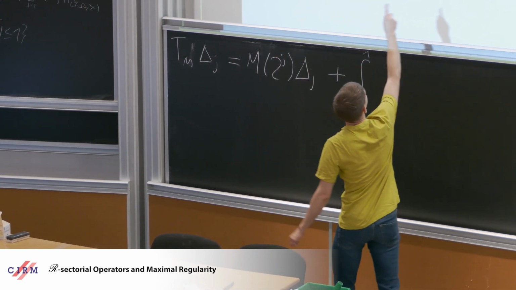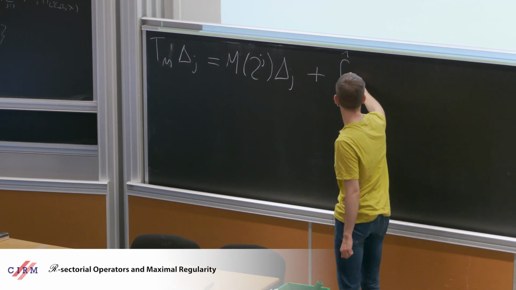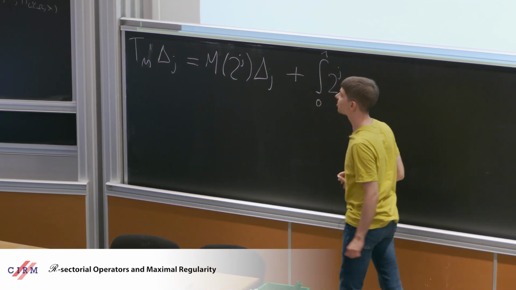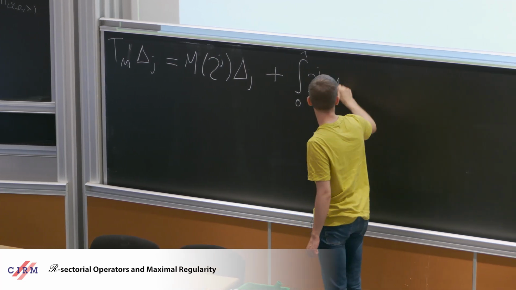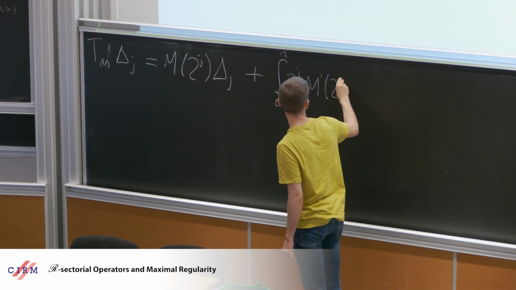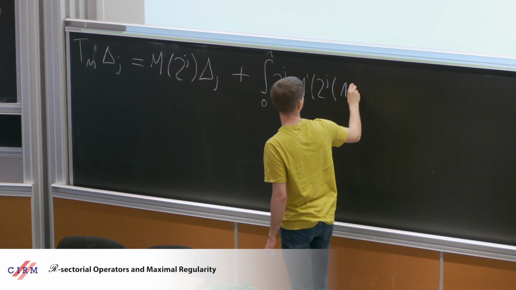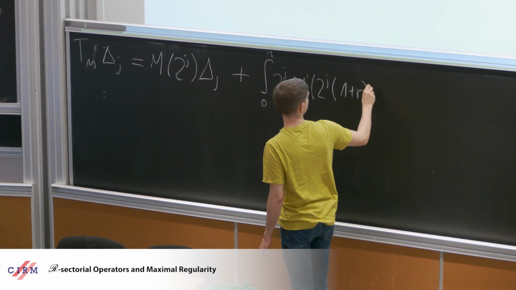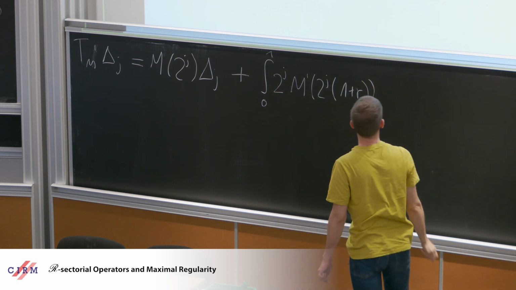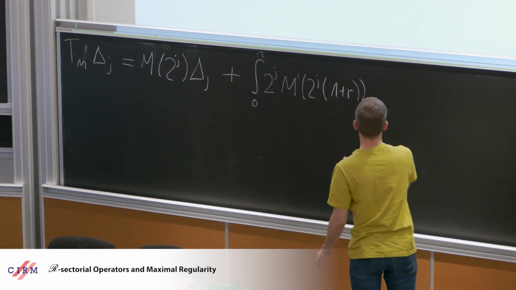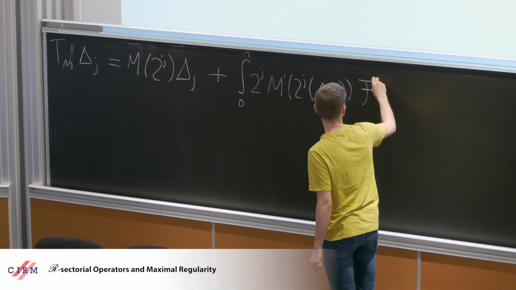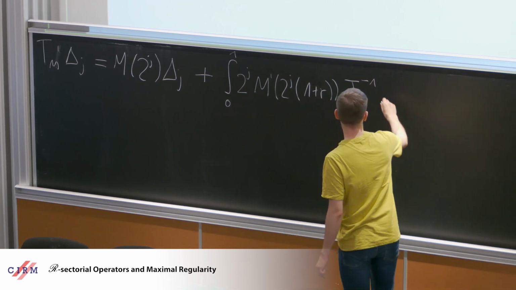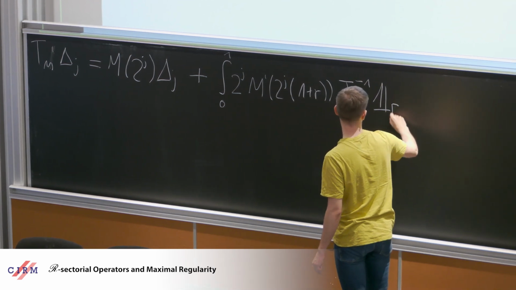And now again, these terms in front do not depend on the Fourier variables, so we just copy them. m prime of 2 to the j (1 plus r). And now this depends on rho, so here we have to think about what to do. What we get is, this is the inverse Fourier transform, we get some indicator function.